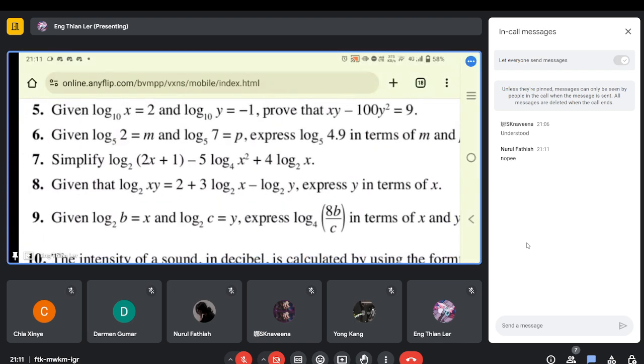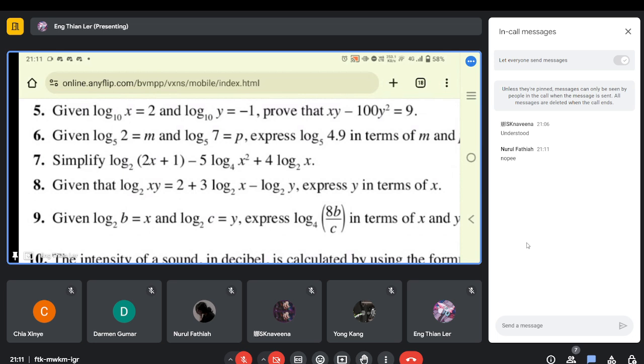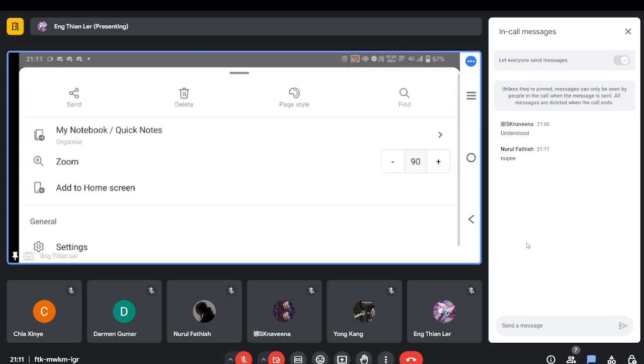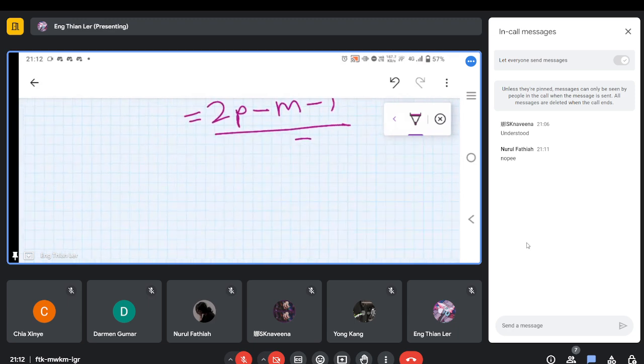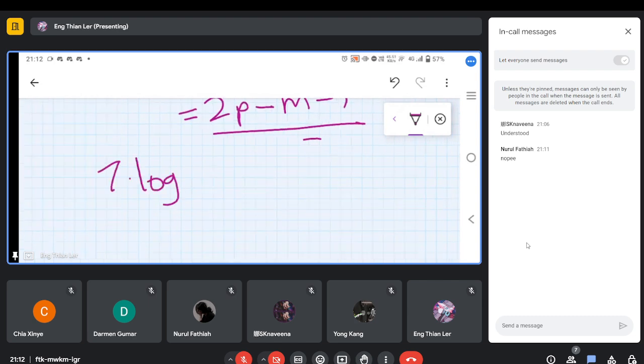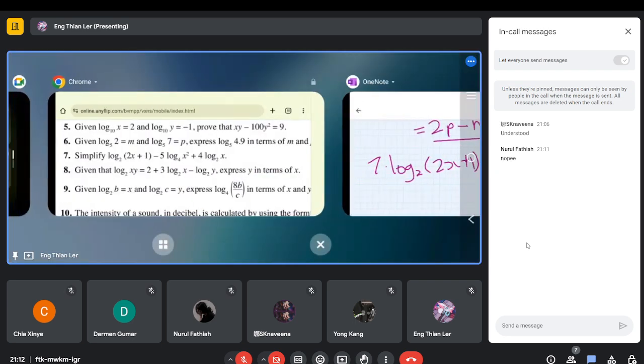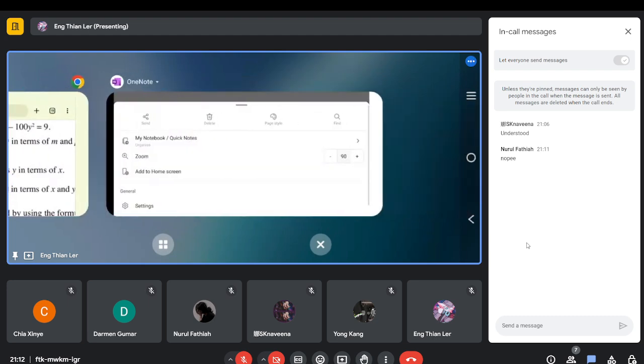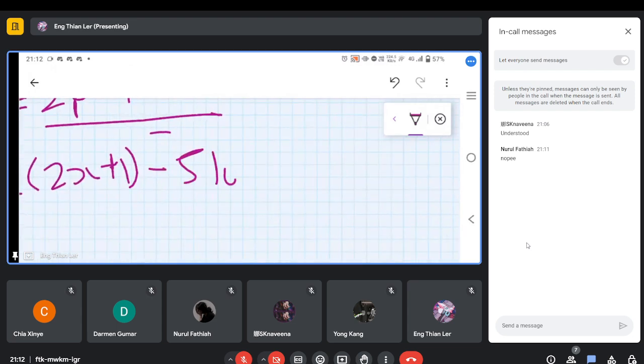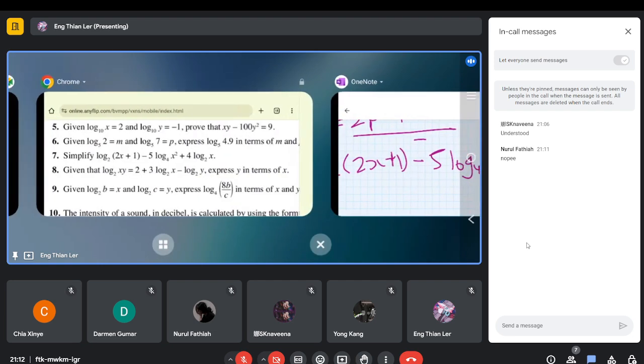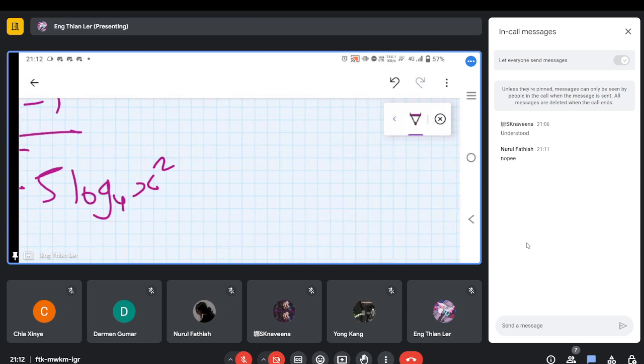Simplify this: log 2x plus 1 base 2 minus 5 squared log x squared base 4 plus 4 times log x base 2. Okay.